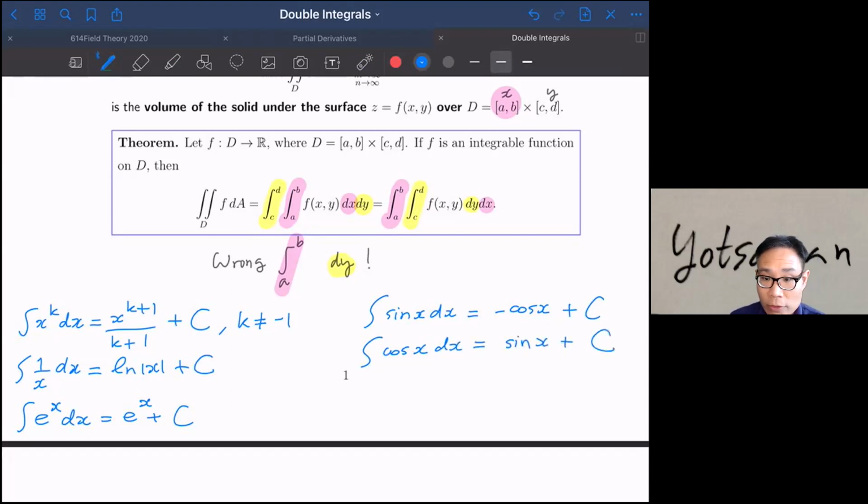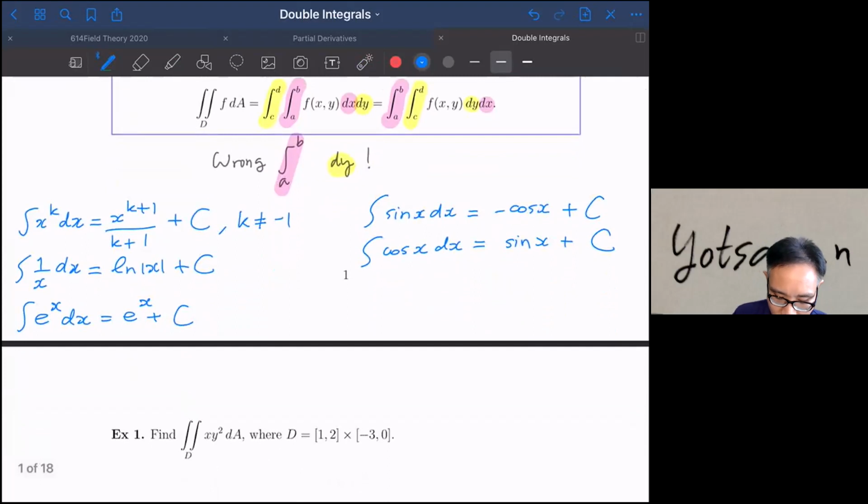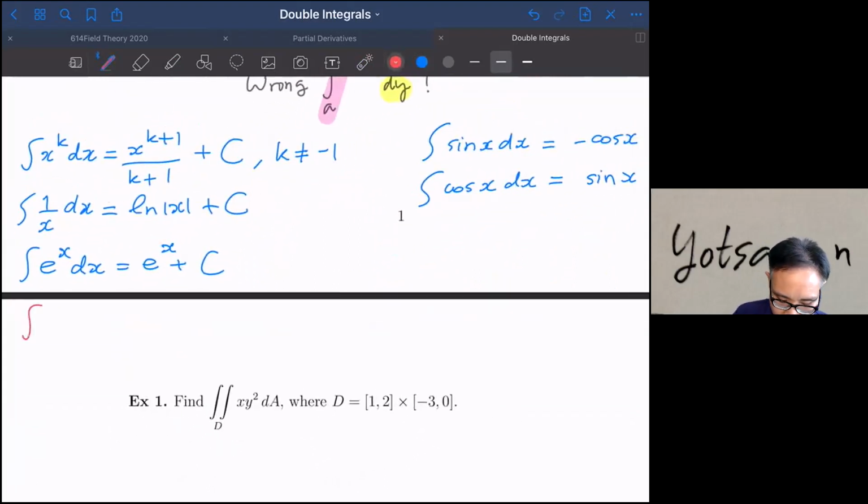So we have this kind of formula in order to integrate the functions that we're going to see in calculus 2.